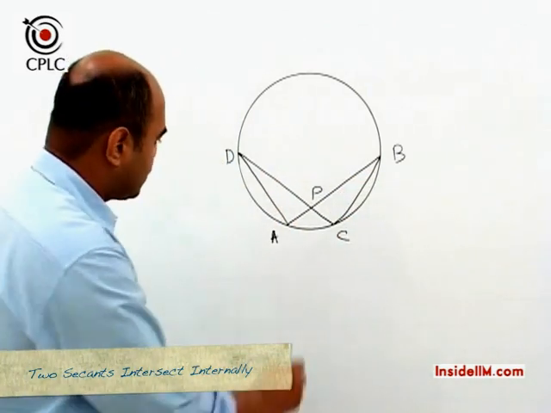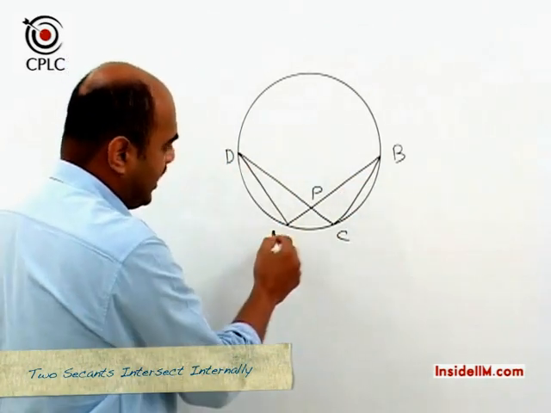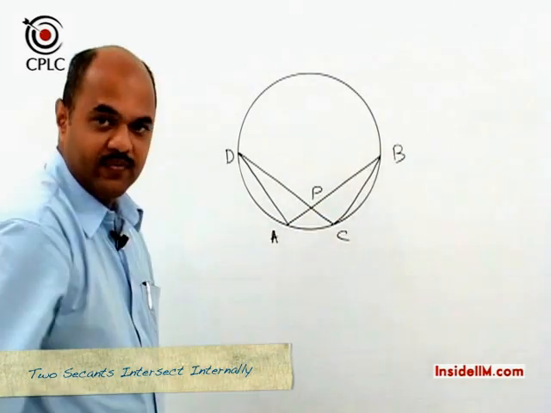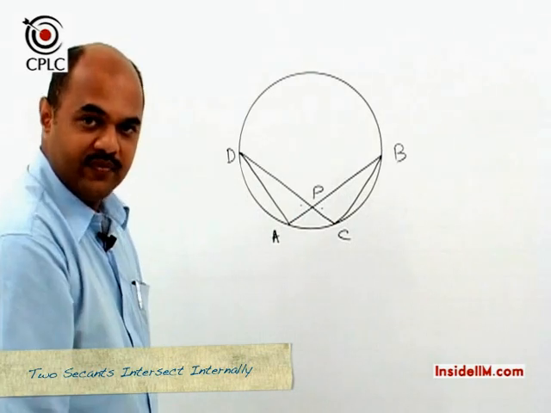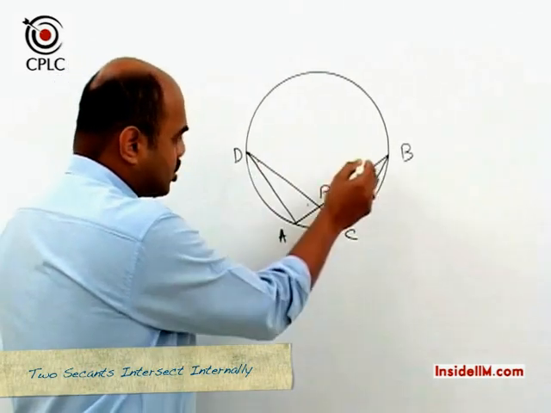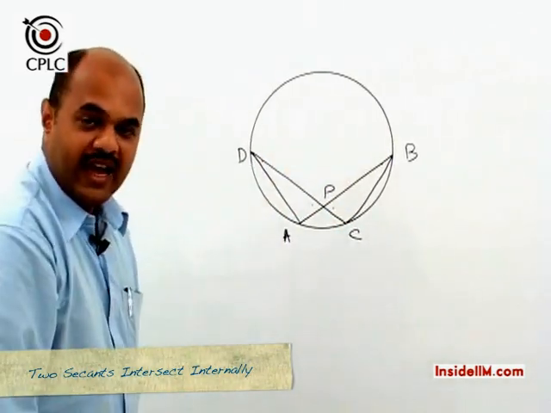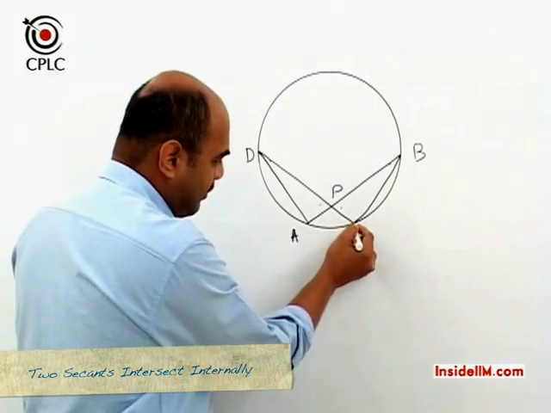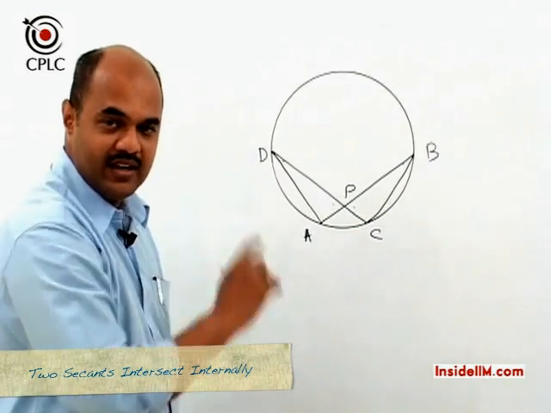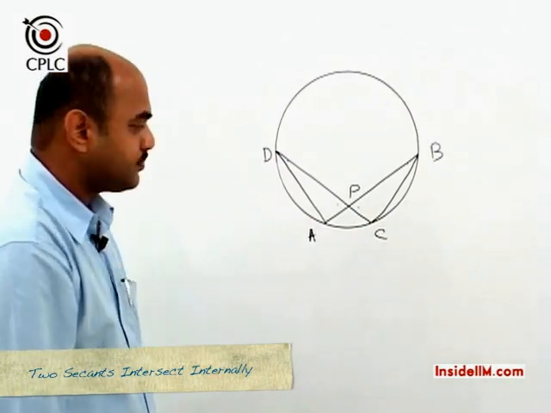Now when we look at these triangles DPA and BPC, we can notice that we have vertically opposite angles, and these two angles would be angles subtended on the circumference by the same arc AC, and hence those two angles would be equal.